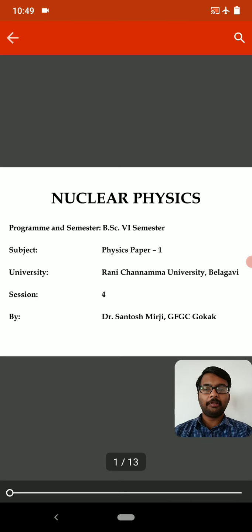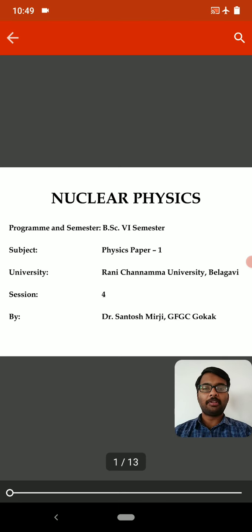So in the previous 3 sessions we have discussed the basics of nuclear physics and radioactivity, and after that we have also discussed in detail about the alpha radiations.